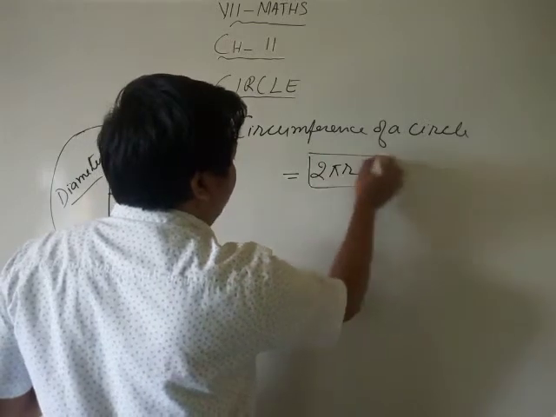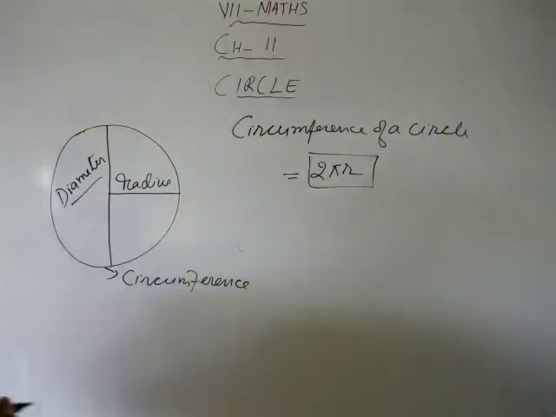So this is the formula to find the circumference of the circle, twice pi r.